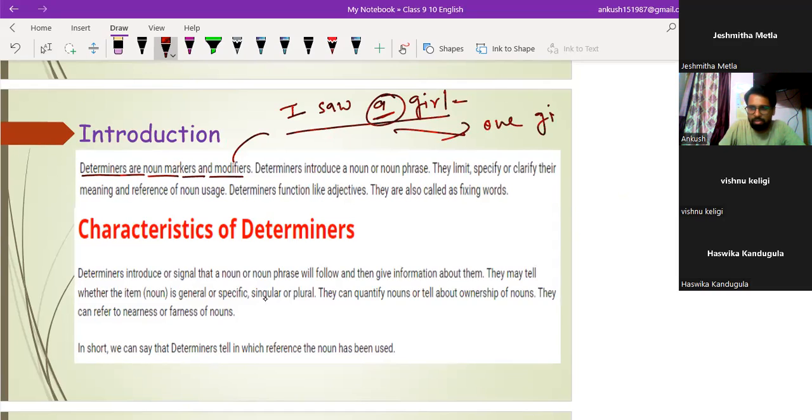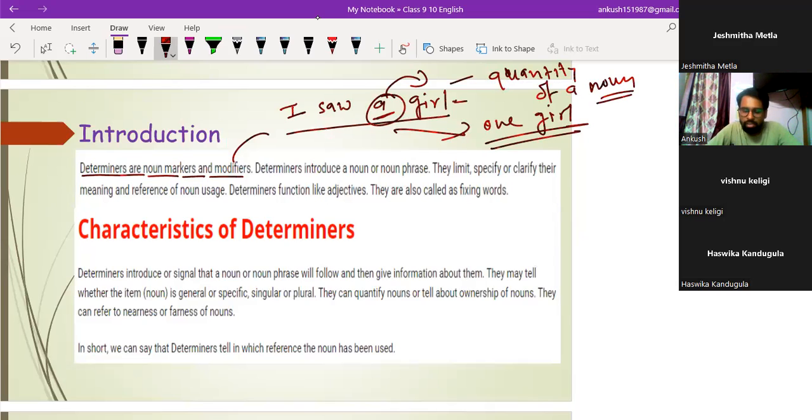How many girls? Only one girl. It is determining the quantity of a noun.